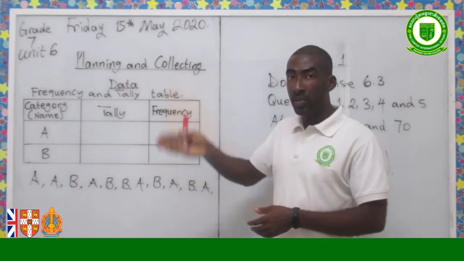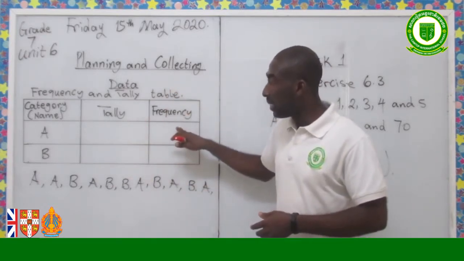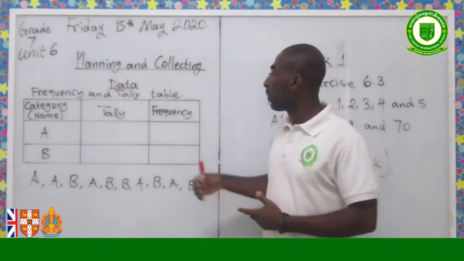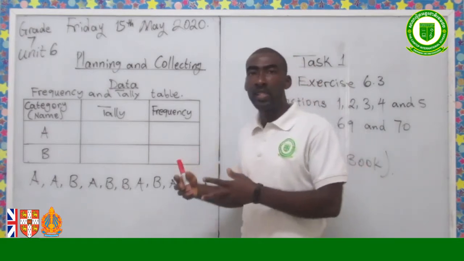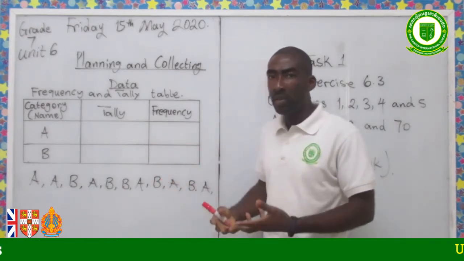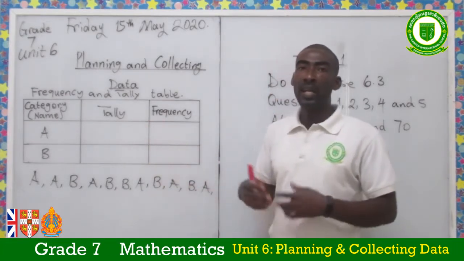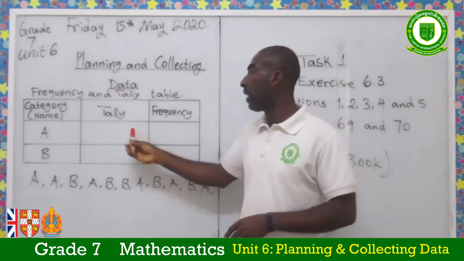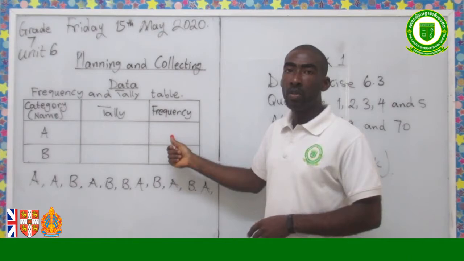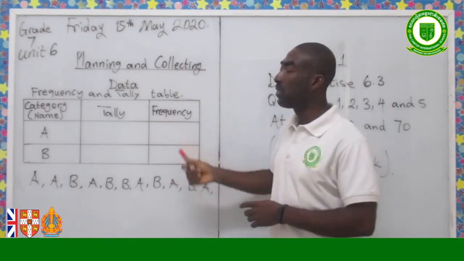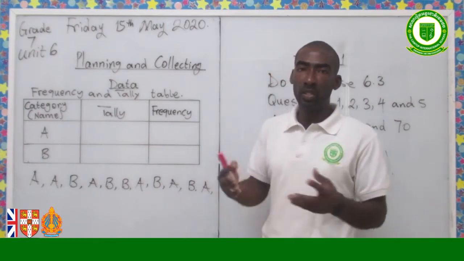Over here we have frequency, which is the number of times that particular thing repeats itself, or is counted. Your tally and your frequency are supposed to be the same. So whenever you have a tally by stripes, it should also be equal to the frequency. The frequency is written in numbers, whilst the tally is shown in stripes.